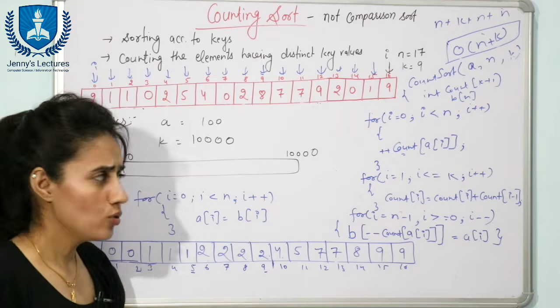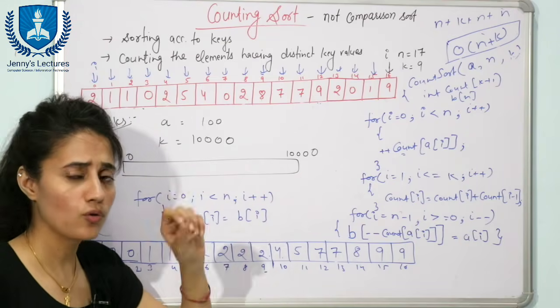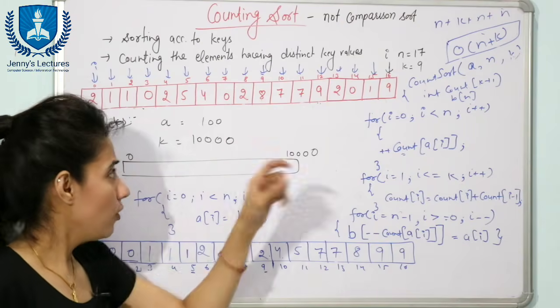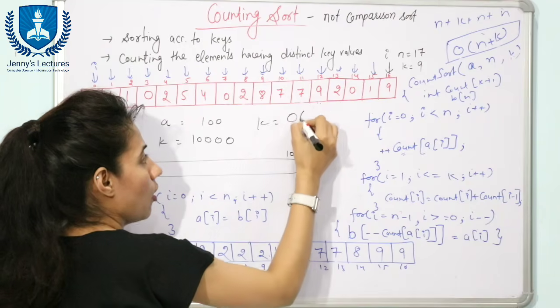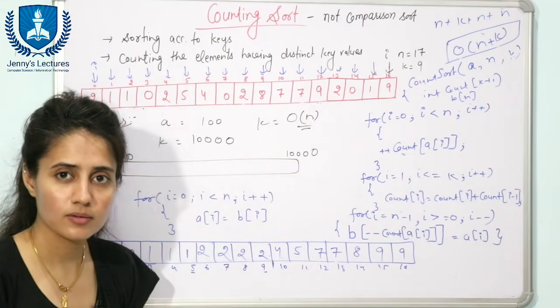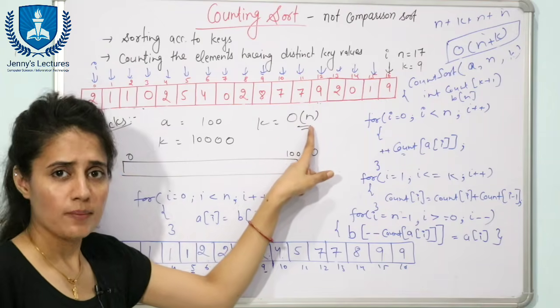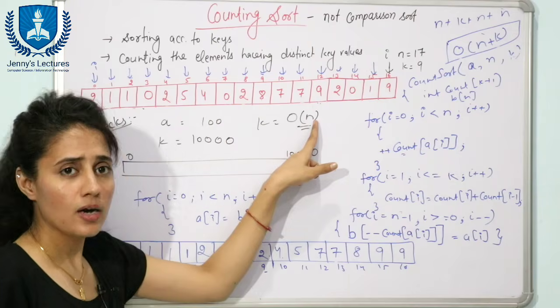Fine, so this should not be the case. In this case, applying this count sort is not feasible. So the upper bound for this k should be order of n, where n means the number of elements in the array. If the number of elements is 100, then k can be 100.